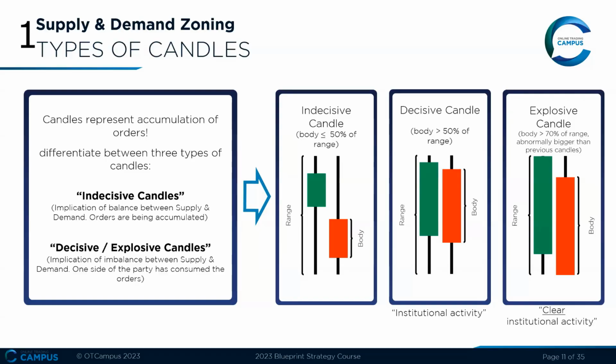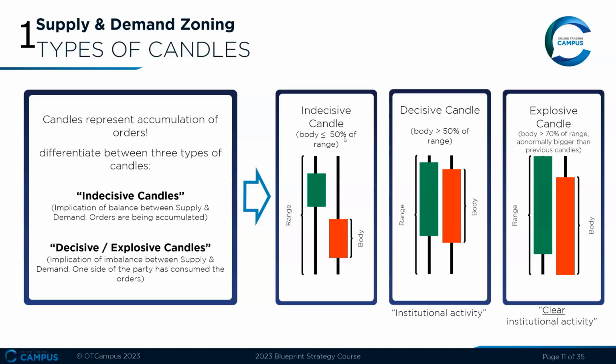And so the scientific rule here is, again, the body should be smaller than or equal to 50% of the entire range. The visual cue here, however, is that the close versus the open should be close to one another, visually speaking. And we'll look at that later, because you may have very small wicks, or no wicks at all.